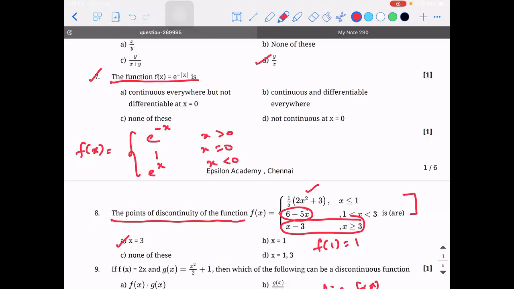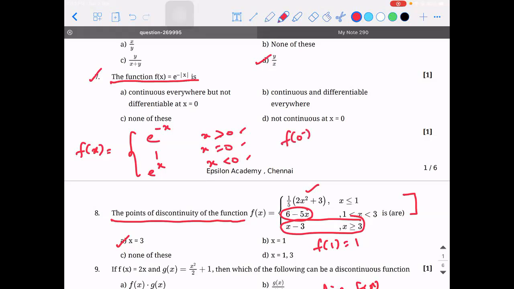Okay. So exponential function by default, we know it has its domain as real numbers, right? But what is the point at which we need to check the continuity of it? With respect to this problem, we need to check it at x is equal to 0.